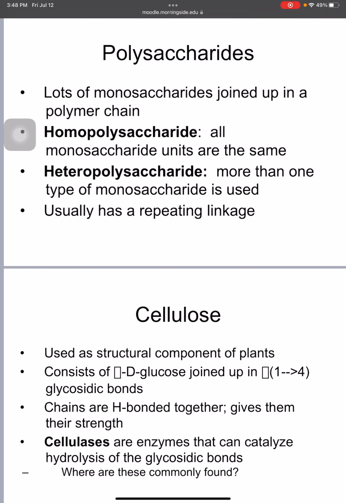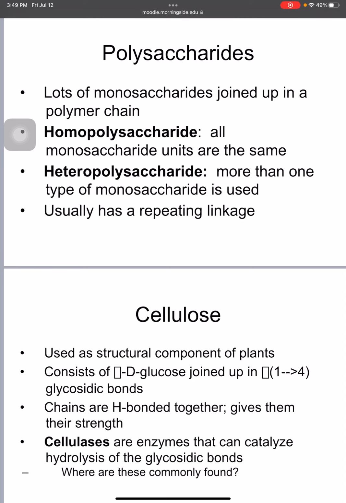And that means they're going to have a lot of strength. They're going to have a lot of durability. It's hard to mess up their physical structure without a lot of force. Why is that the case? Well, it just so happens when you have beta-D-glucose in these beta-1,4 linkages, it tends to optimize the arrangements of groups for hydrogen bonding.